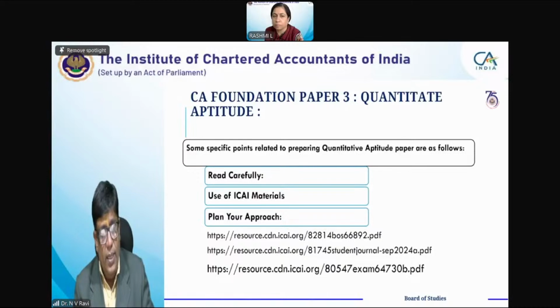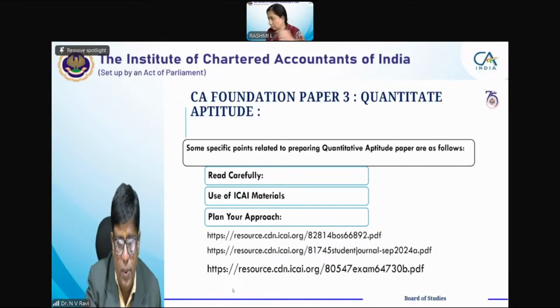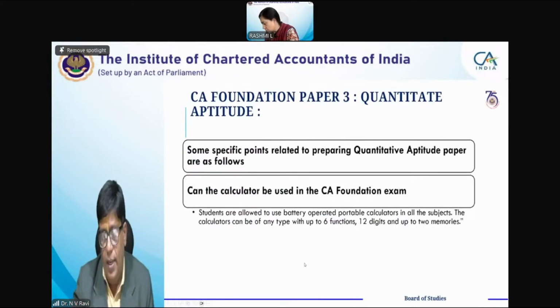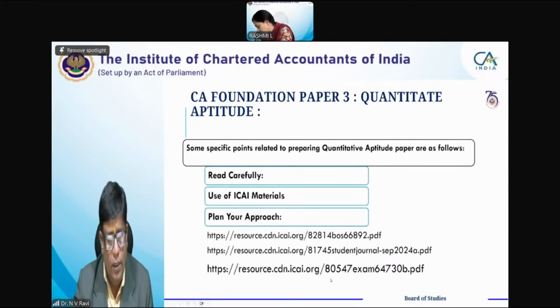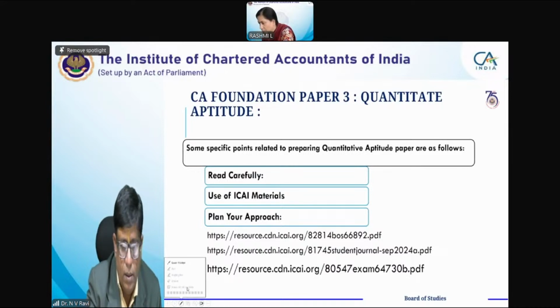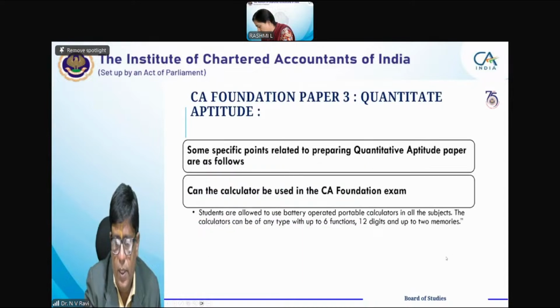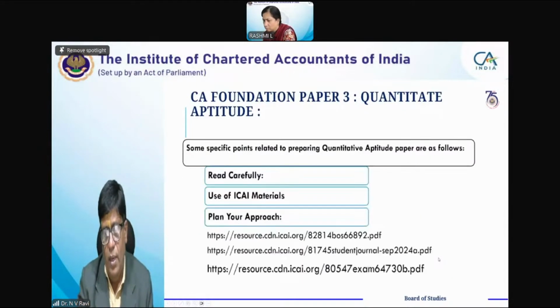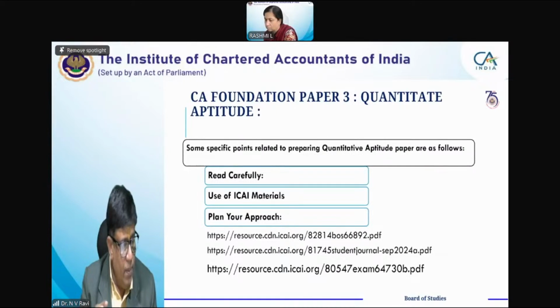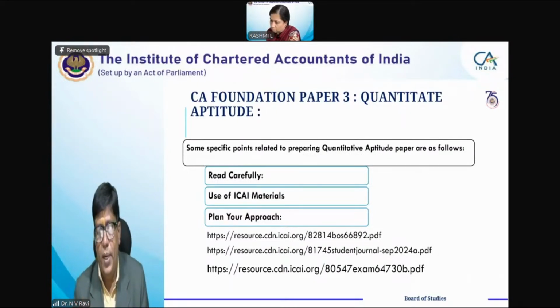There will also be a paper given about the exam, which will definitely be helpful regarding the format of the OMR sheet, but take a printout of that.